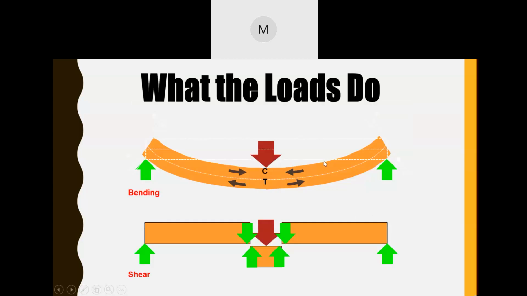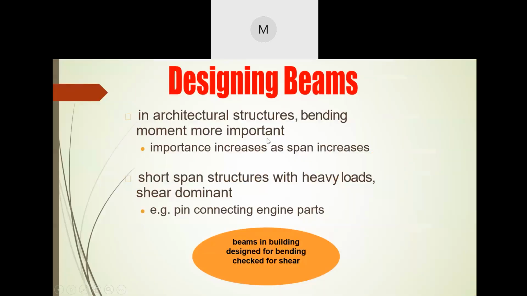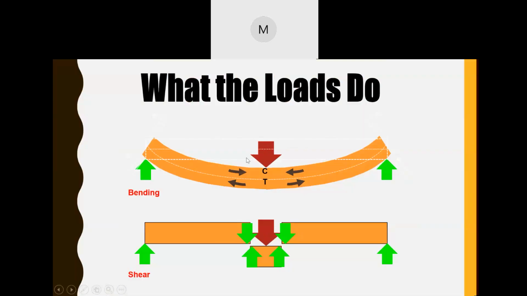What do loads actually do? We also studied in the initial classes shear force, right? Now look, these loads might result in either bending or shear. Suppose this is a beam. Look at these white patches, these dotted lines. If you place the load here, then this will cause the beam to bend.